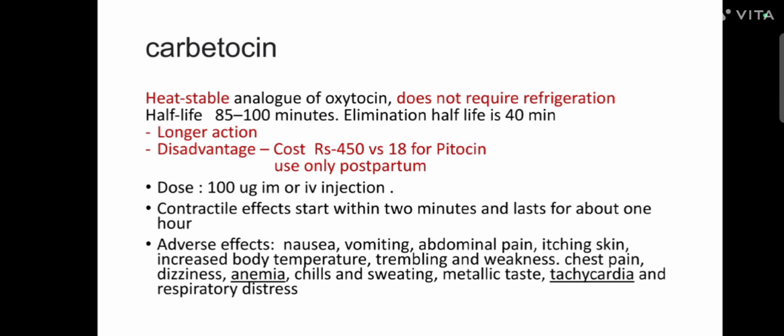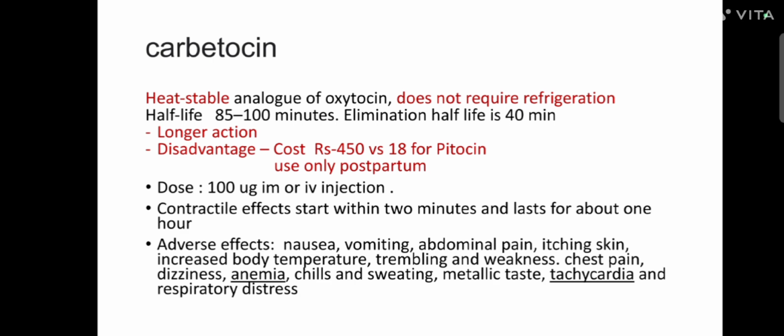Its adverse effects include nausea, vomiting, abdominal pain, itching, increased body temperature, trembling and weakness, chest pain, dizziness, anemia, chills and sweating, and even a metallic taste, tachycardia, and respiratory distress.